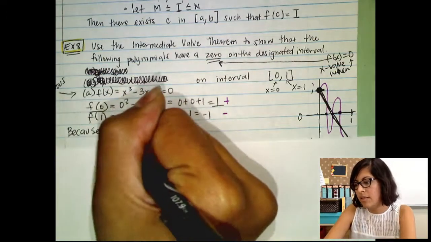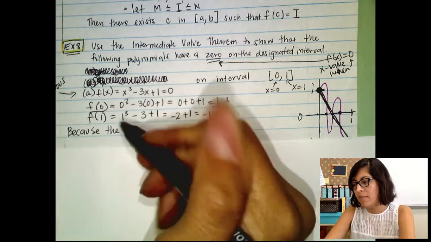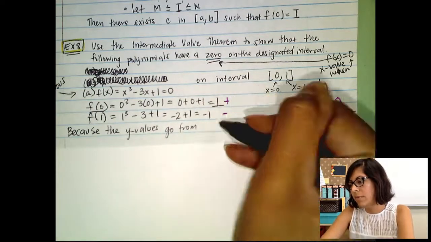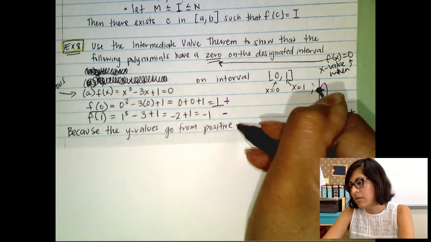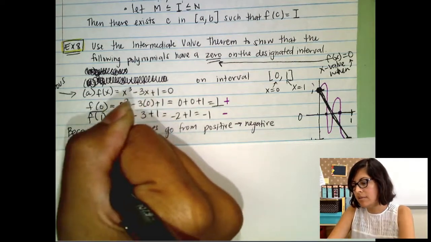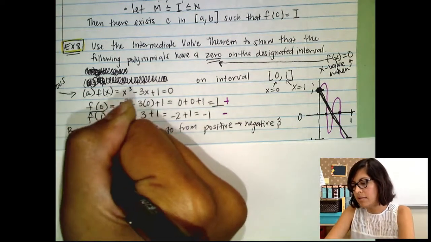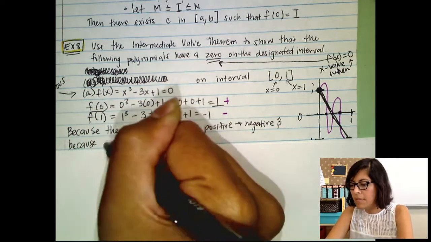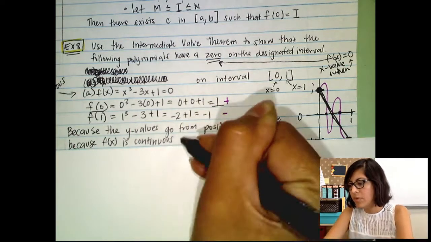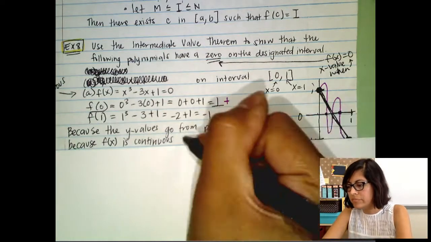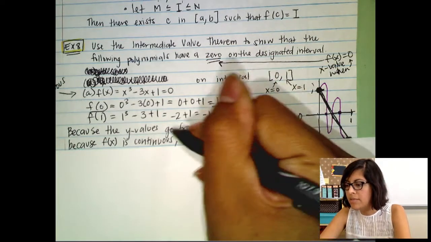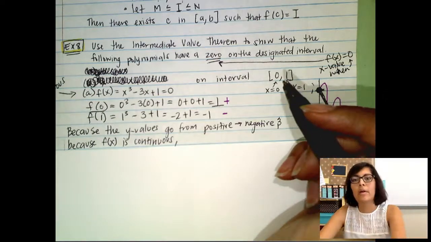Because the y values go from positive to negative, and because f of x is continuous, we can say that there must be some x value on the interval where y equals 0.